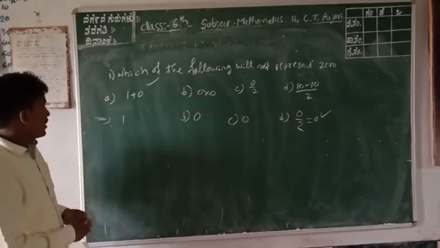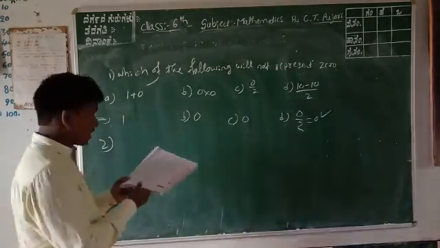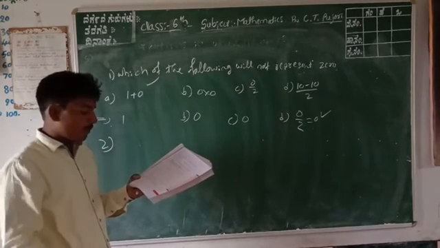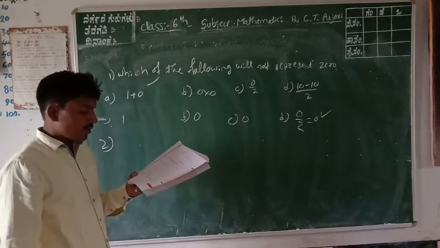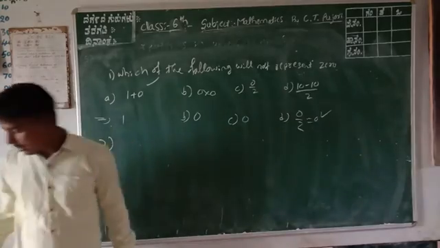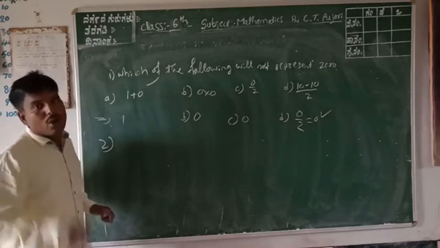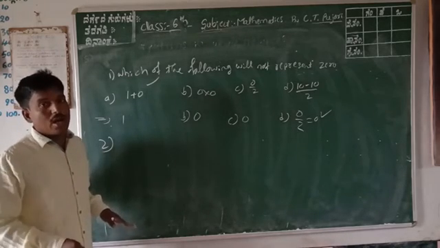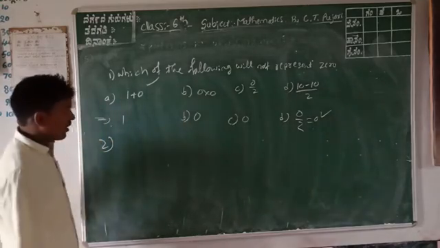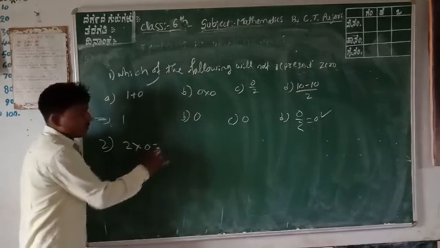And the second one is: if the product of two whole numbers is 0, can you say that one or both of them will be 0? No. For example, 2 is a whole number and 0 is a whole number.